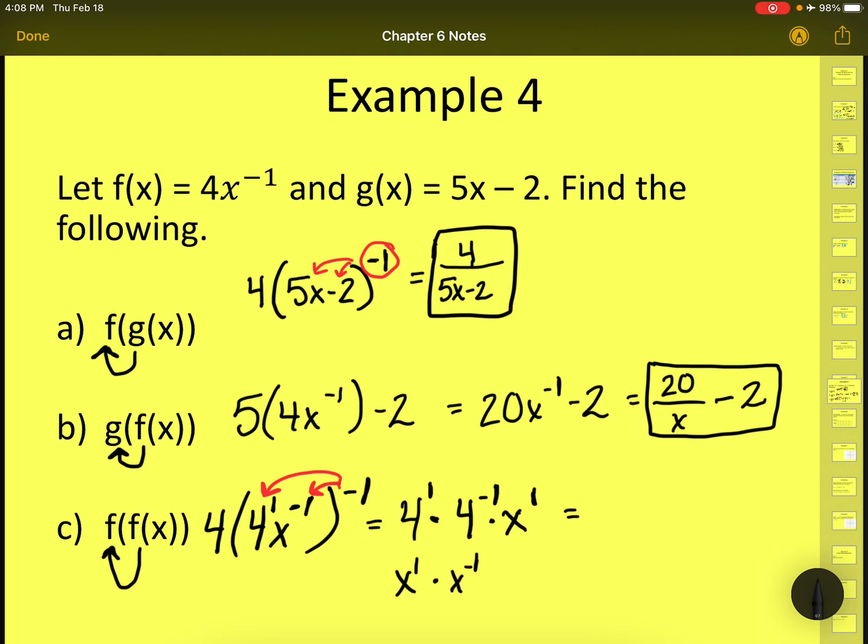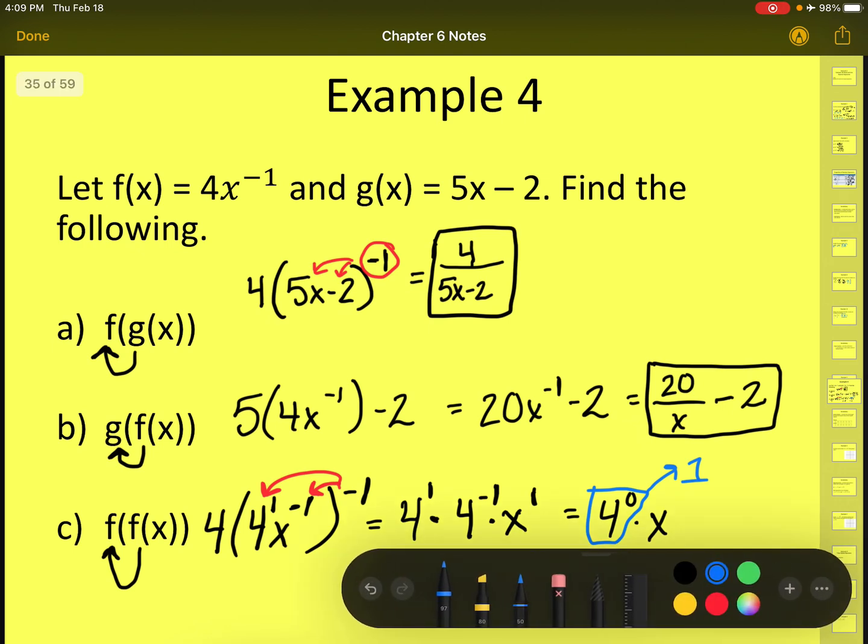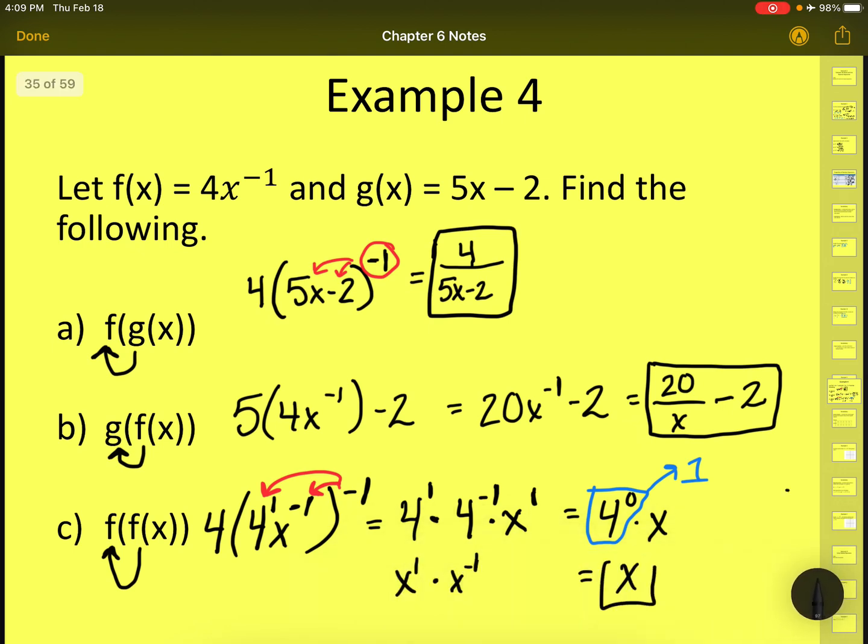They have the same base, so all I'm going to do is add their exponents. So 1 plus negative 1 is 0. So 4 to the 0 times x. Anything to the exponent of 0 is 1. So that's just 1 times x, which is just x. So x is our answer on part C there.